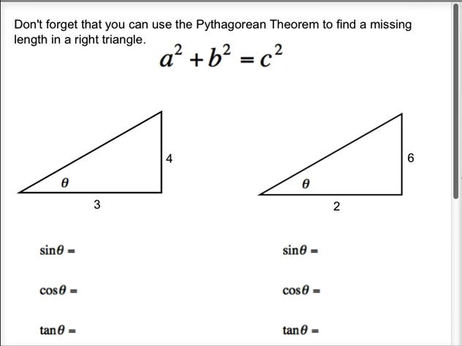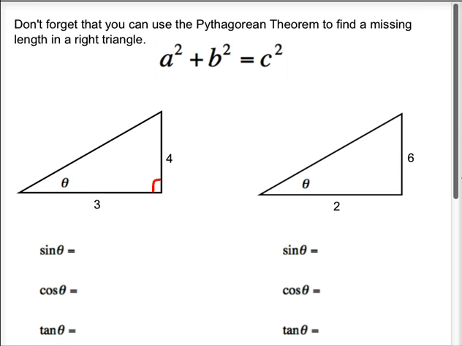So, for these number ones, well, you may notice something, okay? You may notice we have 3 and 4 here. We have a right angle. However, we don't have that opposite side. We don't have the hypotenuse. So, when you're given two sides and you need the third, remember the relationship for that is going to be Pythagorean theorem.